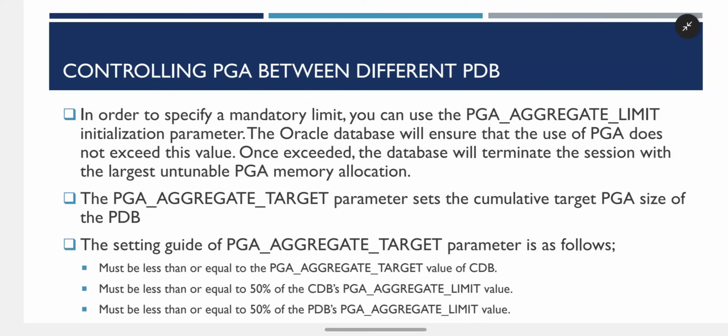The setting guide of the PGA_aggregate_target parameter is as follows: must be less than or equal to the PGA aggregate target value of the CDB, must be less than or equal to 50% of the CDB's PGA aggregate limit value, must be less than or equal to 50% of the PDB's PGA aggregate limit value as well.